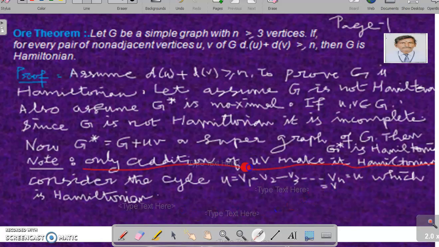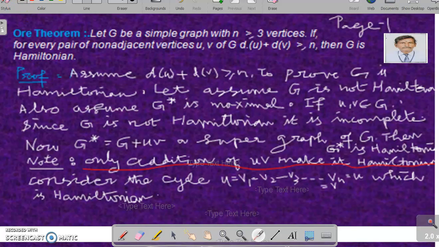That note will be useful at the conclusion. Now consider the cycle U equals U1, edge U2, V1, edge V2, edge V3, and so on up to Vn, where Vn we take as V, that equals U, which is Hamiltonian by our definition.